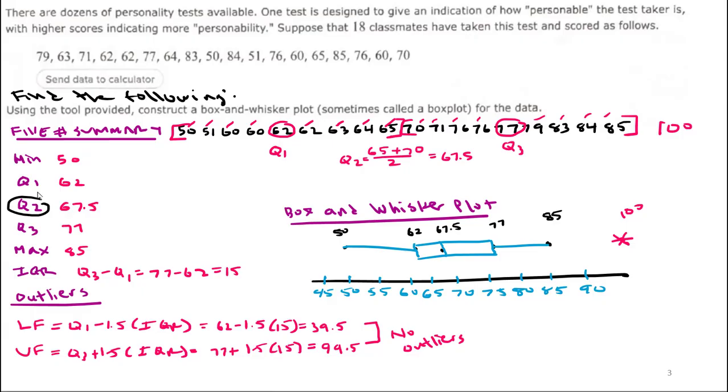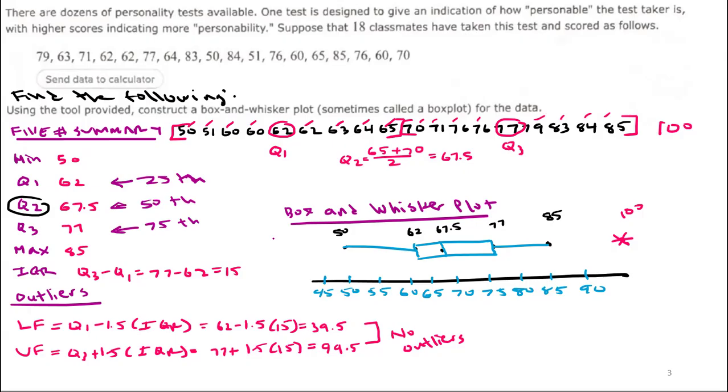So the 25th percentile will be referring to Q1. Q1 here is going to be the 25th percentile, Q2 is going to be your 50th percentile, and then Q3 is going to be your 75th percentile.